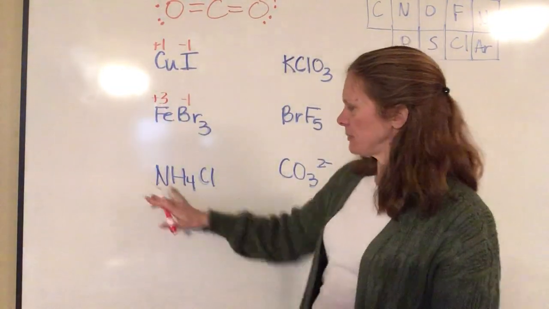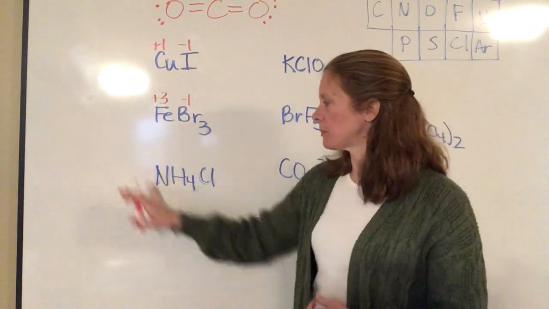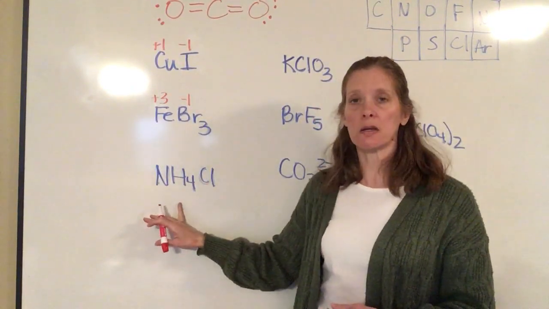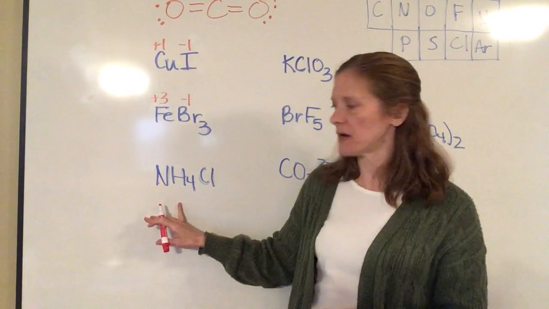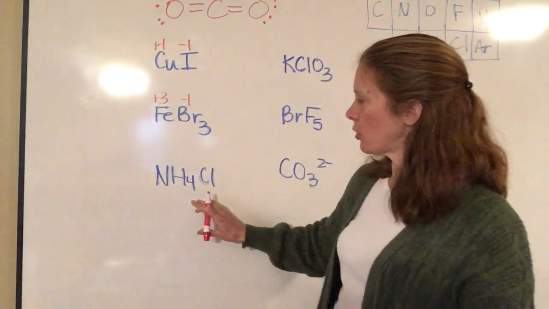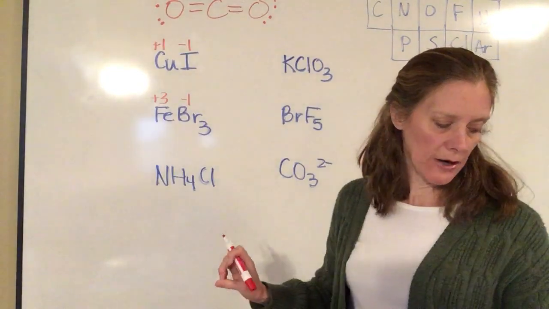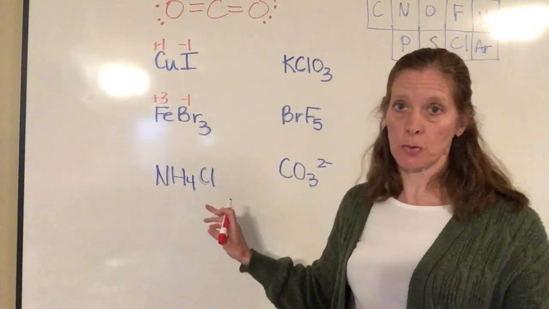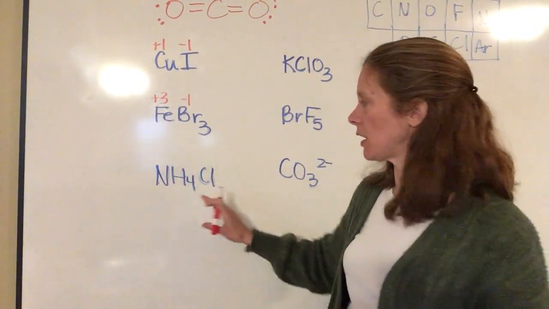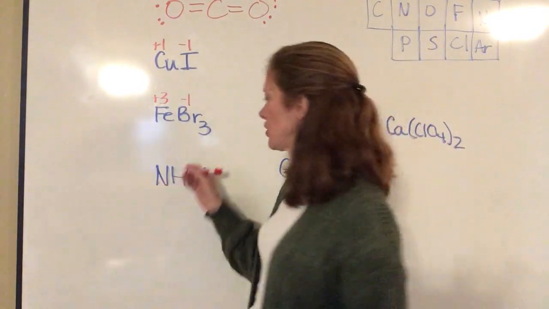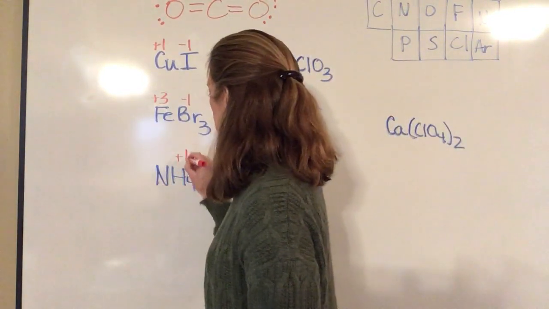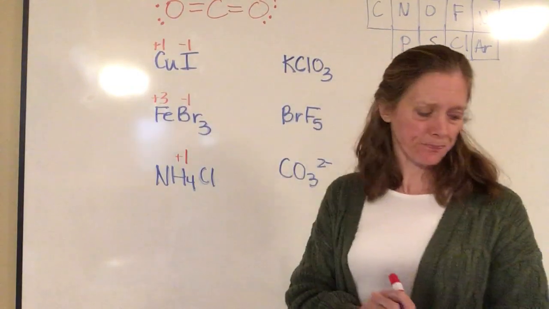Okay. Now let's look at ammonium chloride. This is a polyatomic ion that you should recognize. It was one that you were supposed to memorize. So let's start with what I do know. I do know that hydrogen, this is one of the rules that's in the textbook that you'll see there, is going to have an oxidation state of +1.